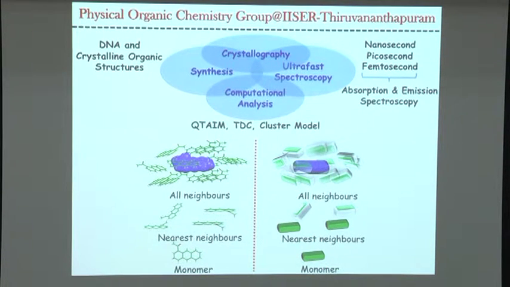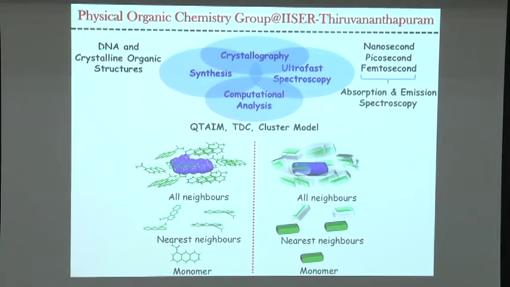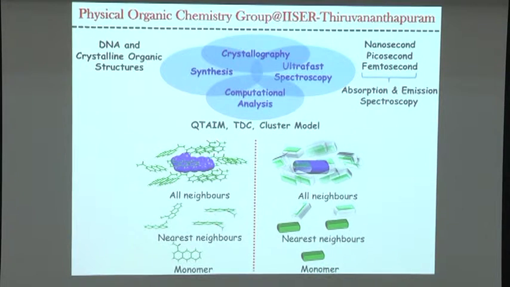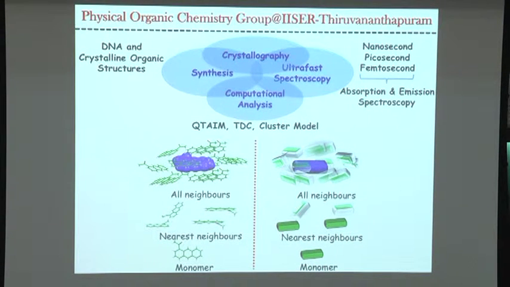And these are the major activities in our group, where we make DNA and crystalline organic structures. They have something in common: you can have the pi surfaces organized in such a way that you can have the chromophoric separation between the 2 units tuned such that the electronic coupling between the 2 is precisely controlled in the crystalline organic structure, but not in the DNA structures.